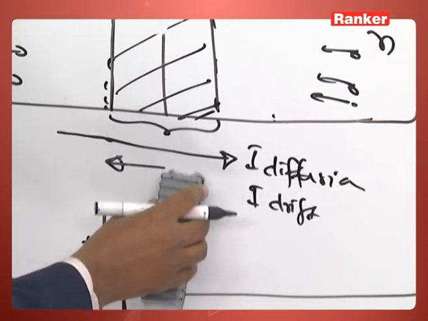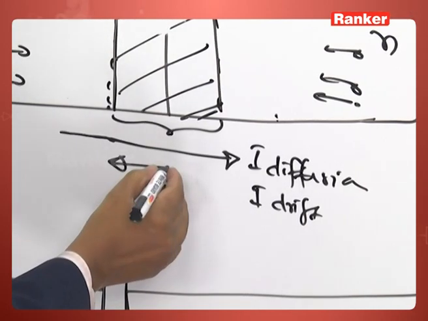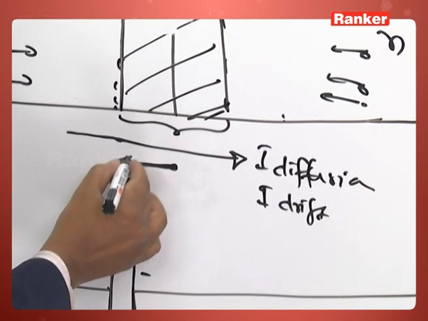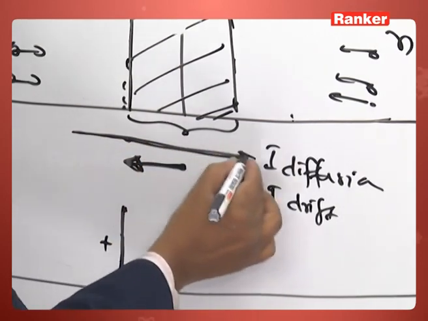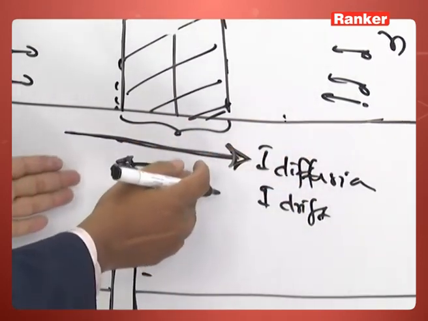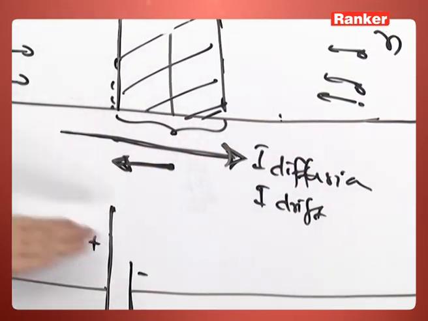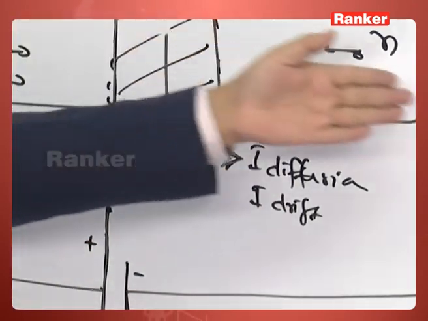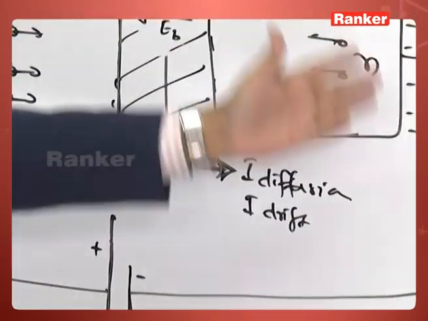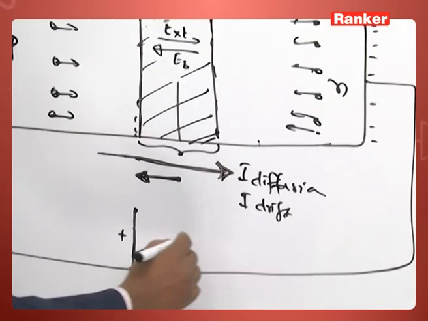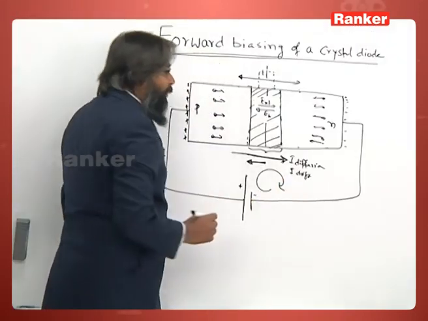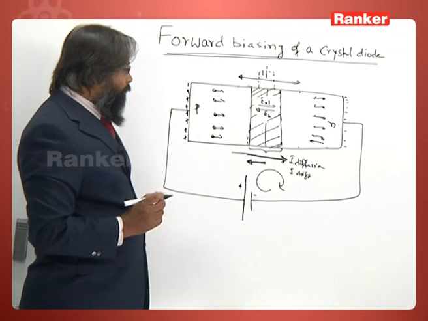So you see there is an imbalance between these. The diffusion current is increased, the drift current is decreased. So there is a net current in this direction, and so the net current flows along the circuit like this due to forward biasing.